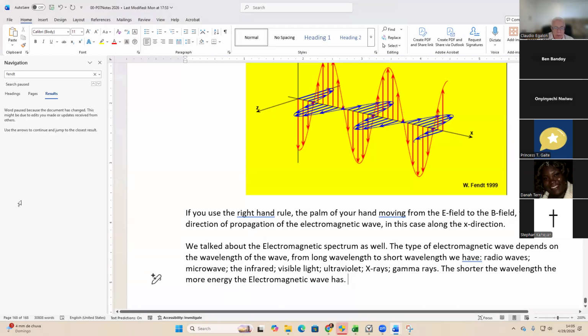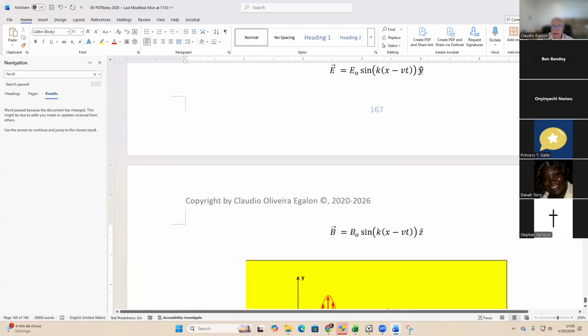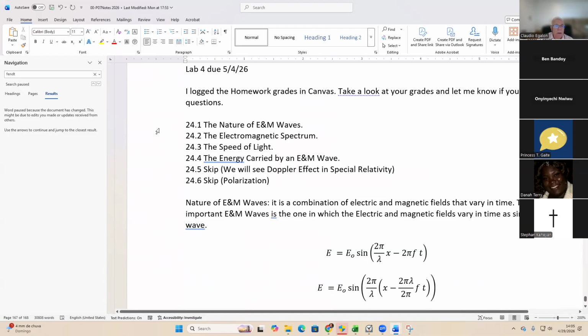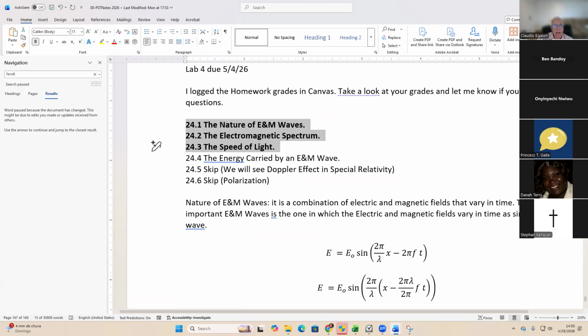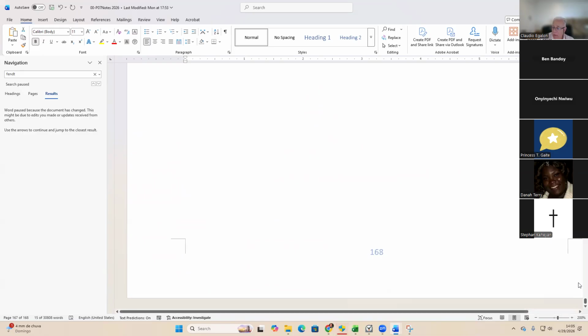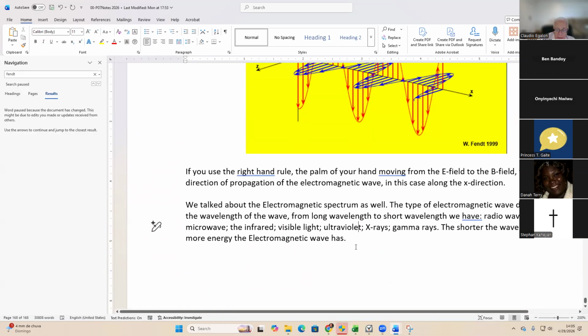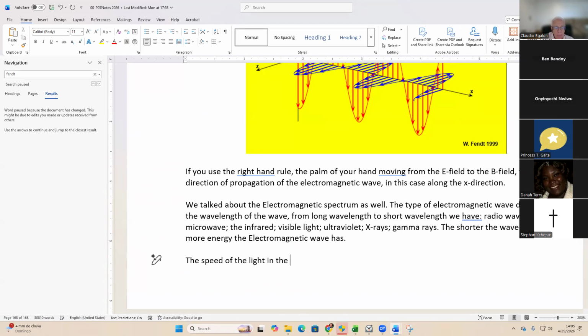Okay, we talked about the speed of light, the nature of the electromagnetic spectrum. The speed of light in the vacuum is 300,000 kilometers per second.